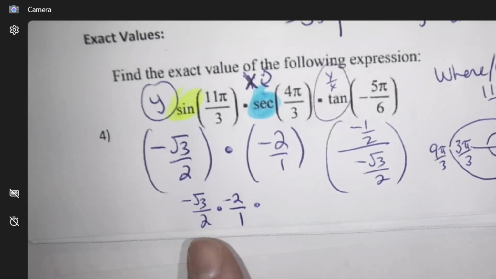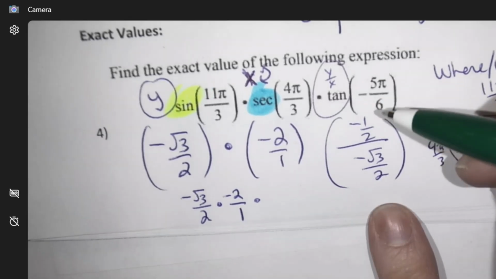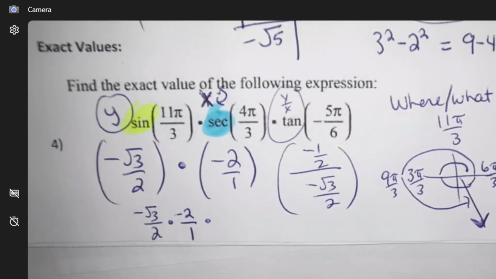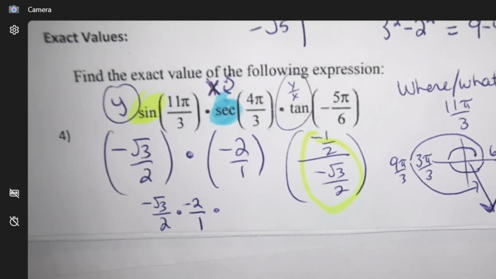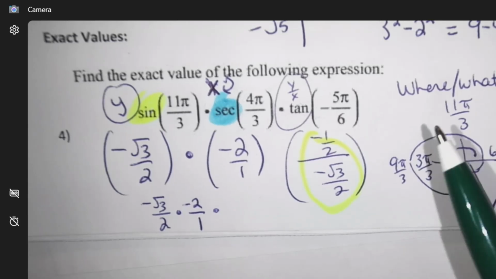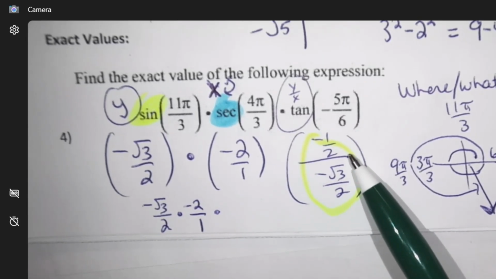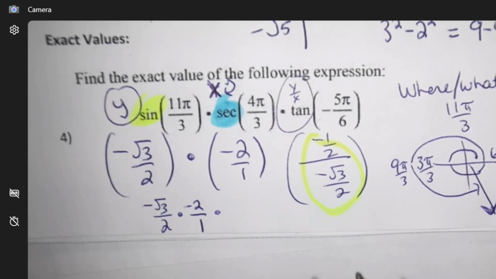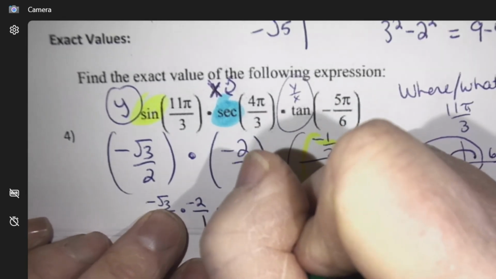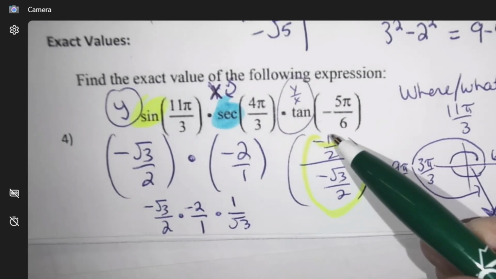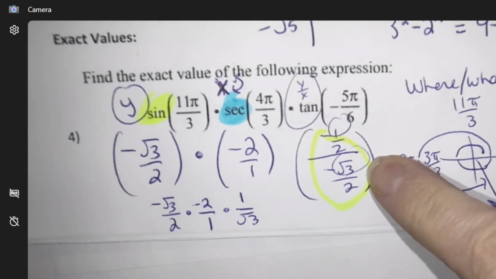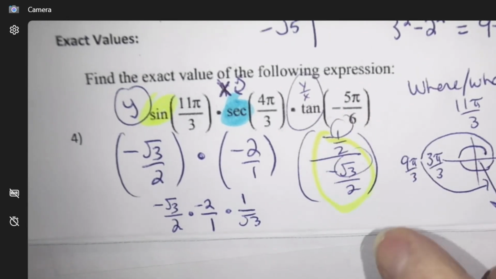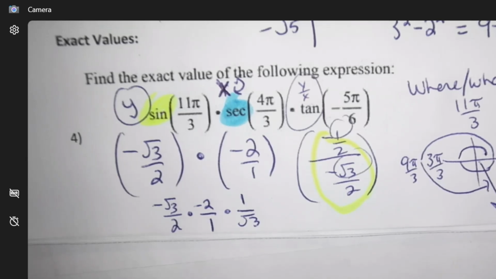Okay, so I'm going to do some work here on the tan. Okay, I'm just going to focus on this tan division. What happens when you divide a negative number by a negative number? This is positive. What always happens with the 2's? Cancel. So I'm going to write 1 over root 3. I'm going to take that and that, because the negatives canceled, the 2's canceled on the flip.